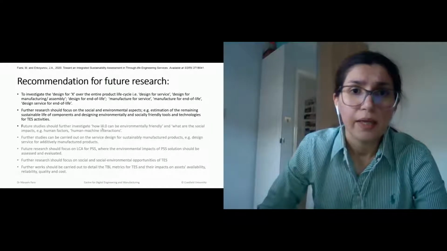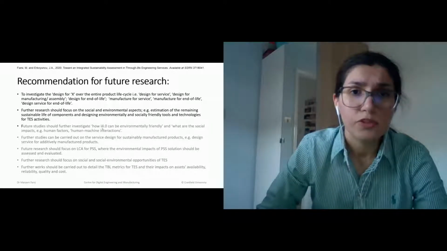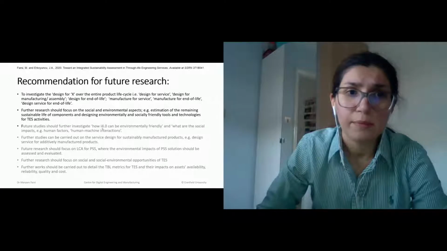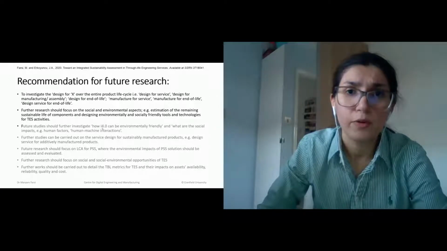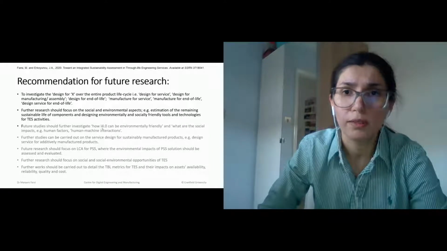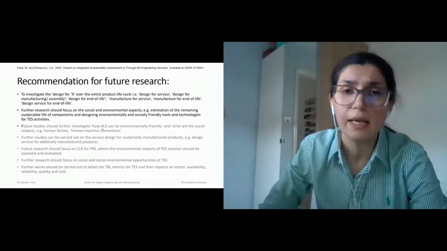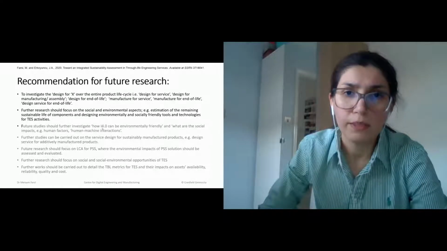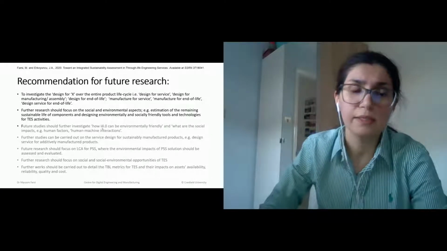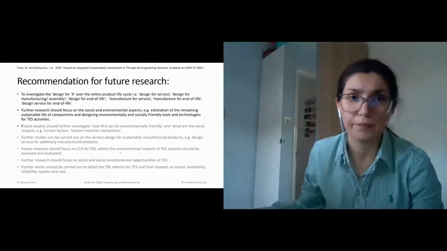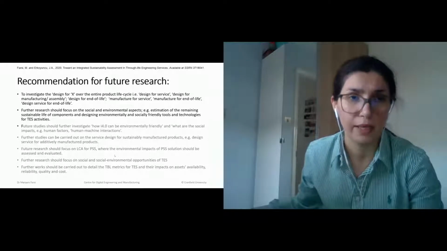Second, as we understand, the social and environmental aspects have received a bit less focus in TESS. So working on the remaining sustainable life of the components, and finding more environmentally and socially friendly tools and technologies for TESS could be part of the future research.